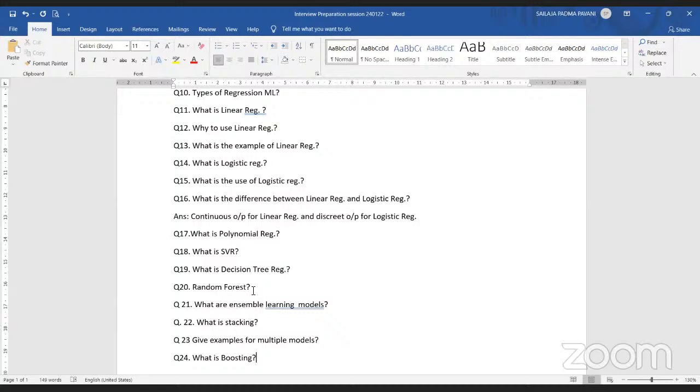Okay, no problem. So you can define boosting technique as an ensemble modeling technique that builds a strong classifier from a number of weak classifiers.